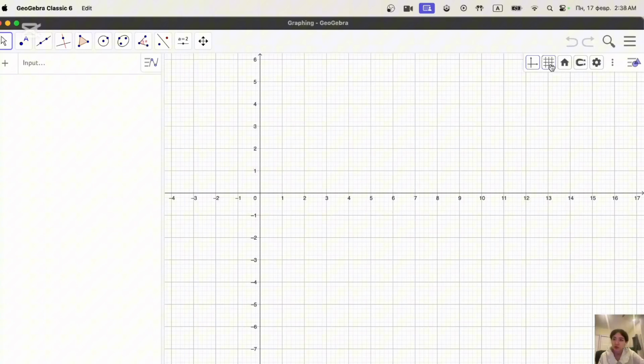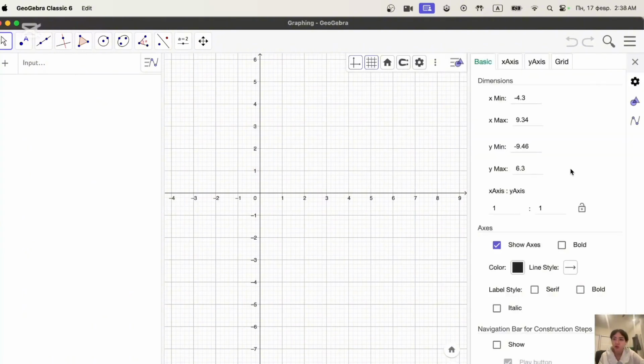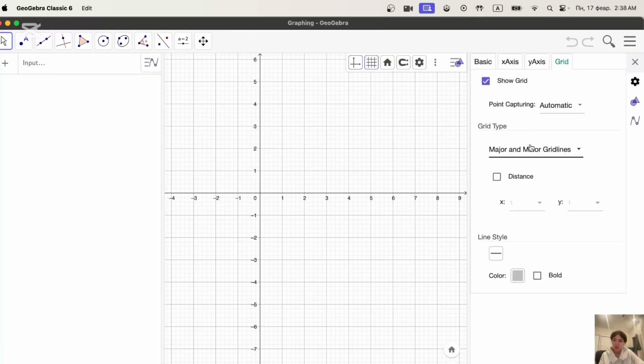And we need to activate the grid to make alignment easier. Grid is already activated.